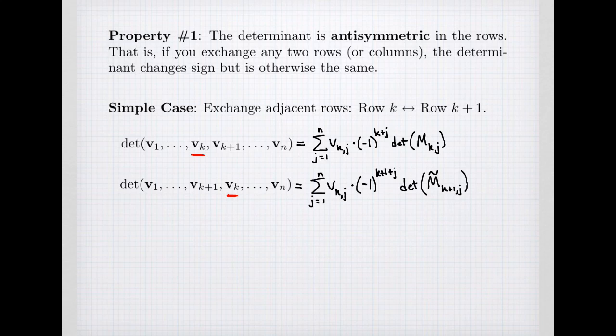But what I want to point out is if I cross out the kth row of the first matrix and the k plus first row of the second matrix, those are the same. And so these minors are all the same. The only difference in the entire calculation is that there's an extra -1 power. So these determinants are equal to each other except for changing sign, because of that extra power.